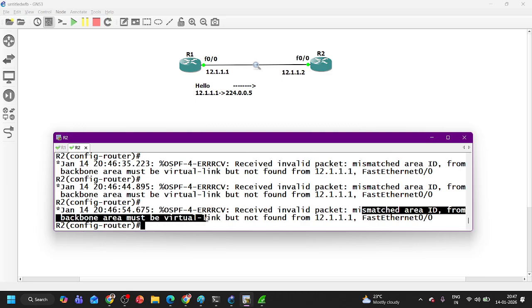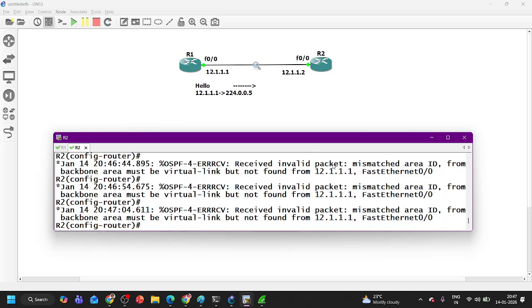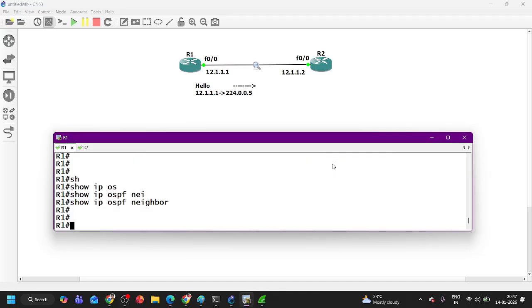Backbone area must be virtual link. You will understand this later. Here we are getting the area mismatch error on the console of router number 2. On router number 1, we are not getting any message. Later you will understand that area 0 is the backbone area, and all the rest, area 1, 2, 3, 5, 10, 100, 200, 500, 1000, all other areas are called regular areas. And two regular areas can never communicate, right?